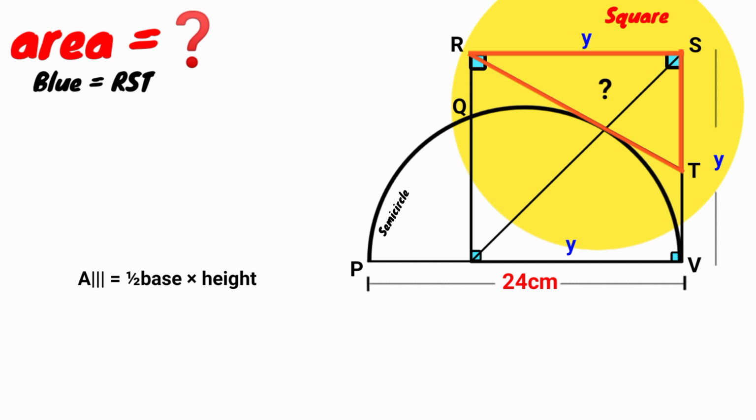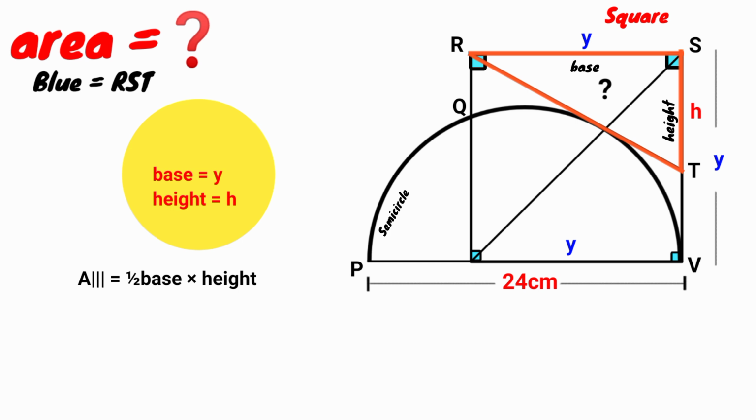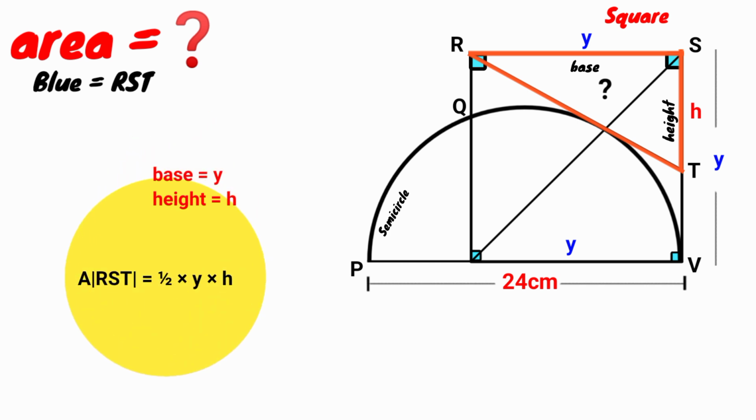So here, if we let this be the base, this must be the height, say h. So base equal to y, height equal to h. Substitute here. Now area of triangle RST equal to 1/2 times y times h, which is 1/2 hy.